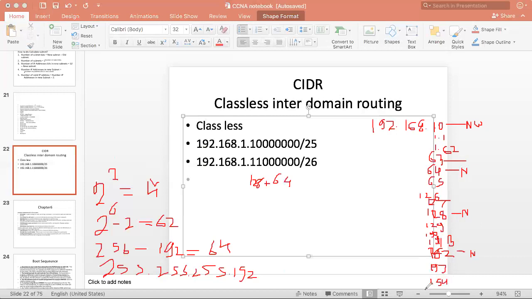The last address will be 255. So that way we have 4 networks.